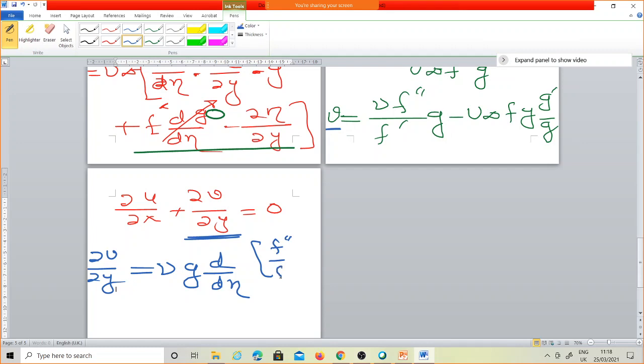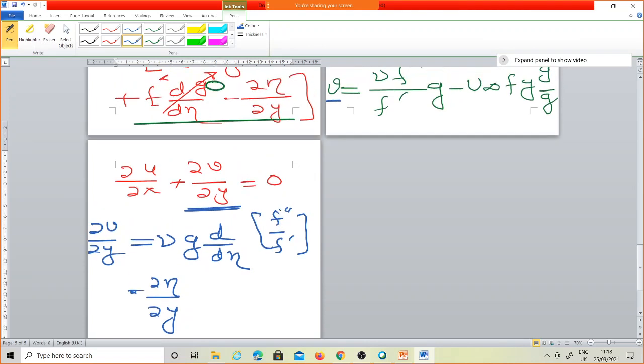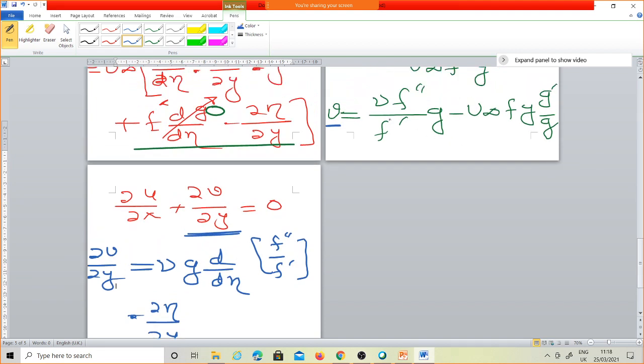F double prime by f prime, multiplied by del eta by del y. So I just make the derivative. So instead of d by dy, I consider d by d eta times d eta by dy. Okay. So this is a function f prime, f double prime divided by f prime, because this one and this one are constant. I make it outside. So same way goes here, but for the next term we have two things.